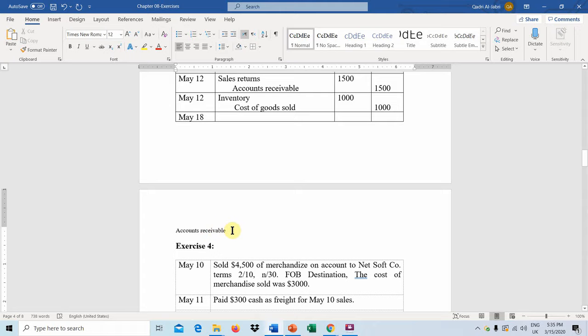Okay, accounts receivable was 4,500, but the customer returned some of the merchandise, so we decreased receivables by 1,500. So now we only want from the customer an amount of 3,000.